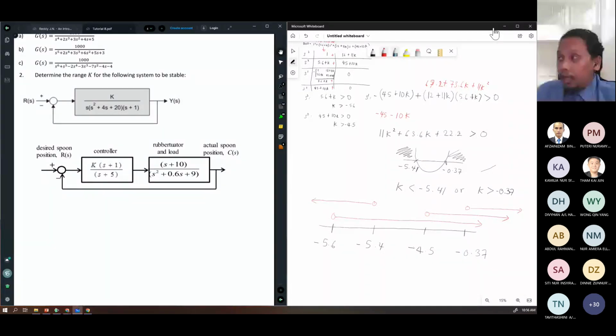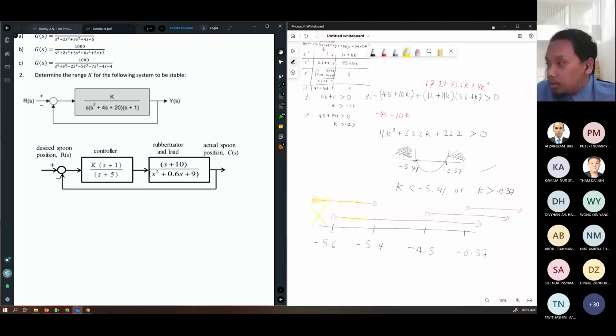Okay, so can highlight. So here, if you take K less than negative 5.6, then there will be only this line intersect. Satu line je. So not this range. If you take the range between negative 5.6 until negative 5.4, you will find only 2 lines, this one and this one, but not this line here.